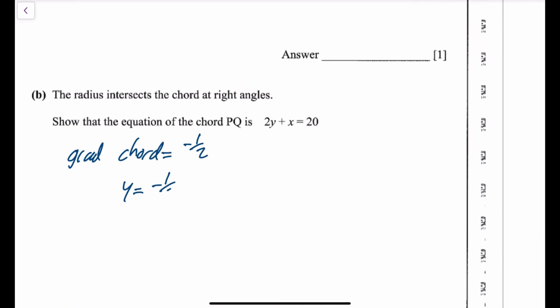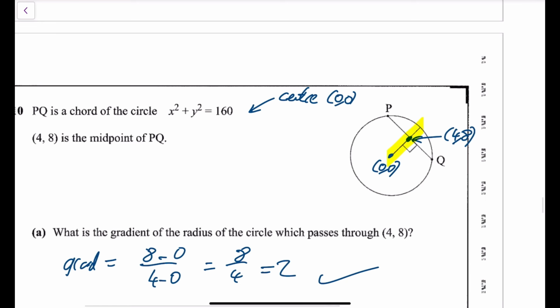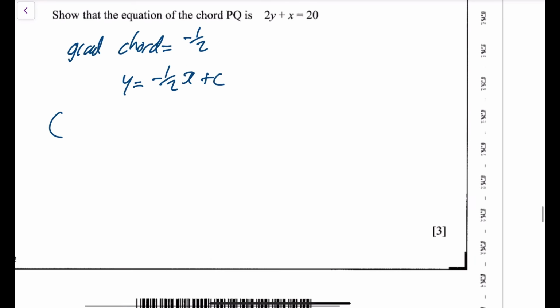I'm going to just put it in y equals mx plus c. And we also know our chord goes through, oh, sorry, no, absolutely not. The chord goes through the point (4, 8). So I have to put (4, 8) in. So 8 is equal to minus a half times my x, which is 4, plus c.